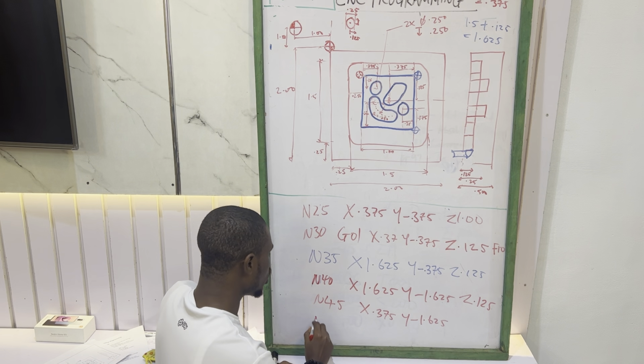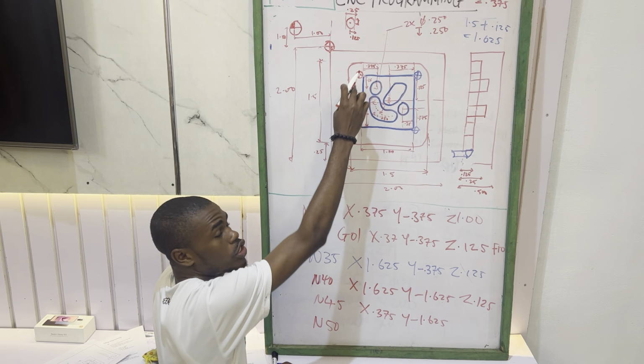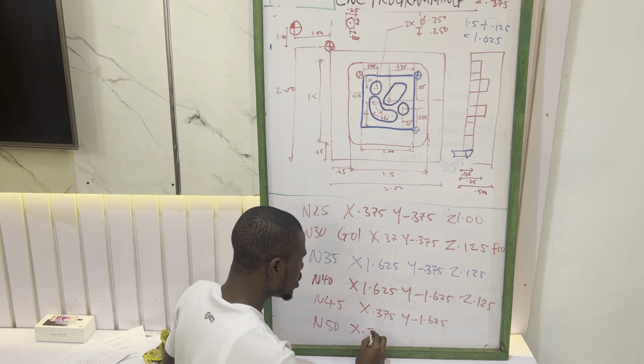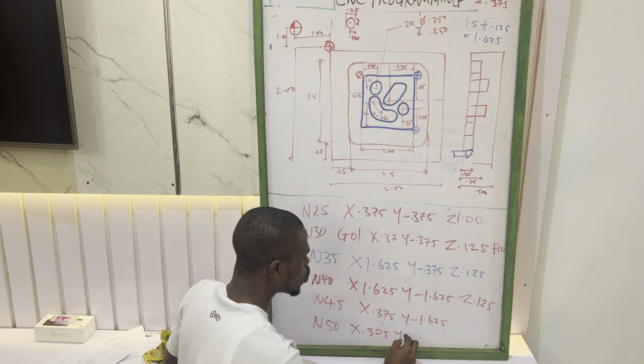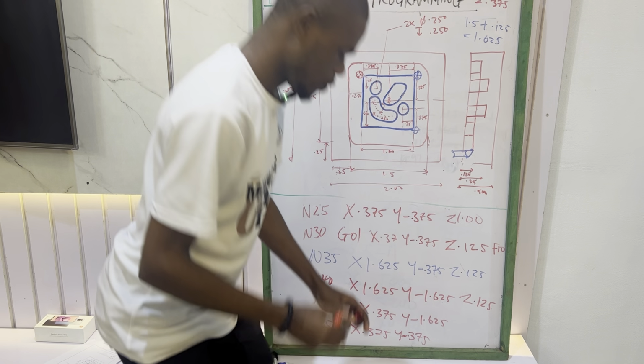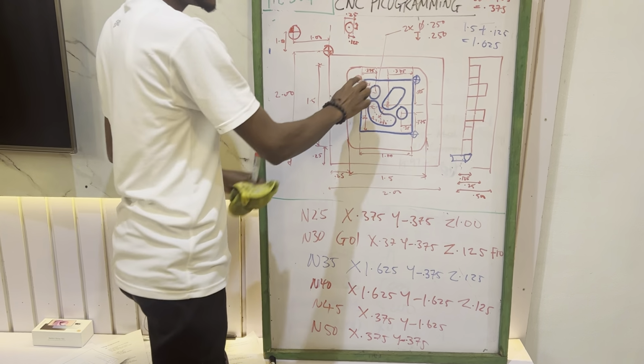The next operation is your N50. Your N50 is going back to the very place where you started from. Your x will be 0.375, and your y will be negative 0.375. So having done this, we have finished doing the milling.